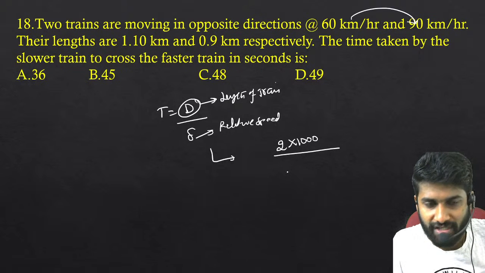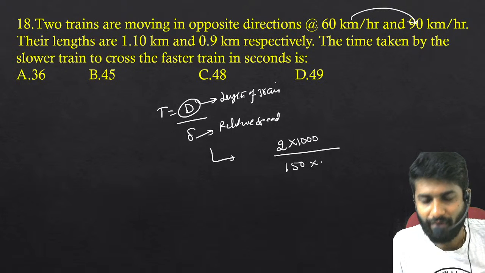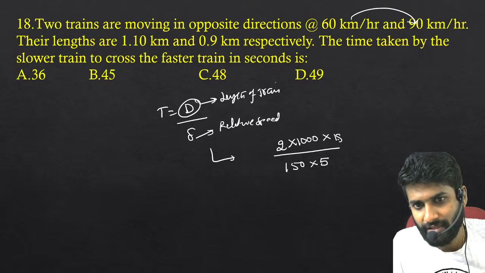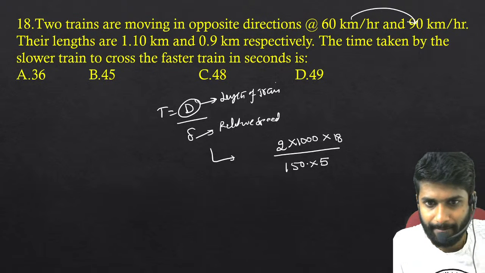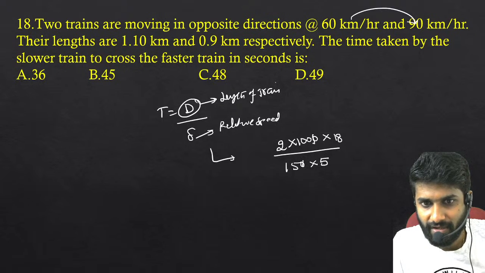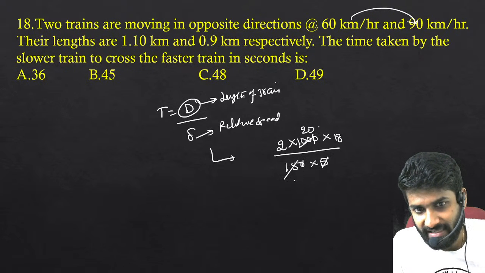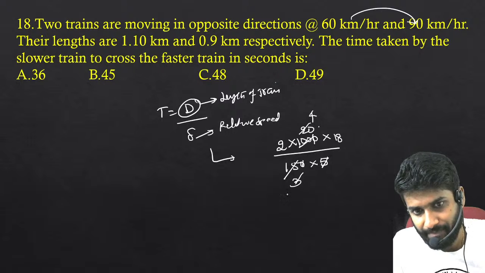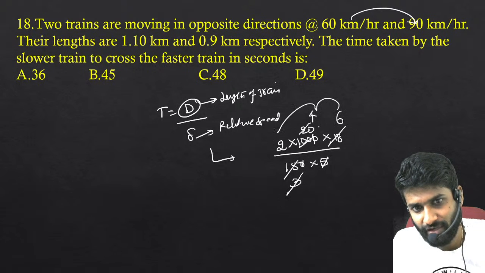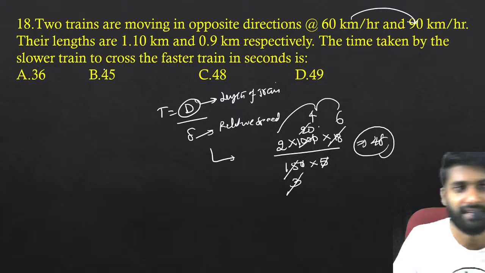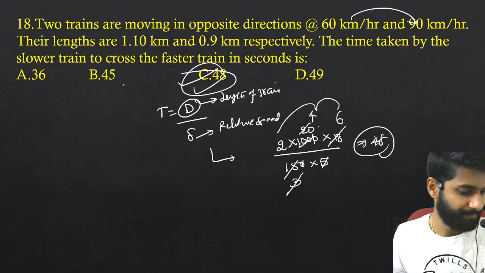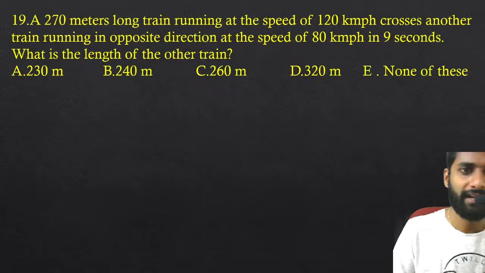Both are traveling in opposite directions, so the relative speed is 150 into 5 by 18. With 18 as a numerator, the zeros cancel. 5 threes are 15, 5 fours are 20, and so on, giving 48. Sorry, I made a mistake in the calculation. So the answer is 48. Next one.